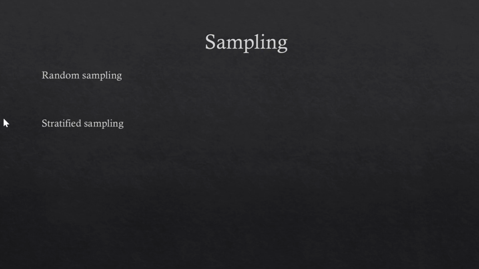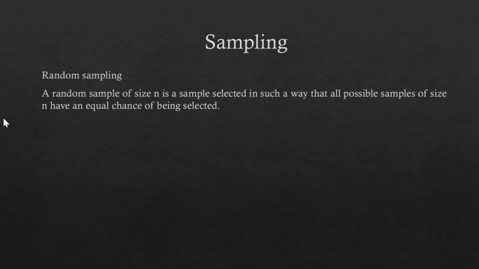Random sampling is essentially selecting a small group of people from a population in such a way that all possible variations of this group have an equal chance of being selected. For example, if you have a group of 10 people in your class and you select two people, the probability that these two people are selected should be the same as the probability that any other two people are selected from the rest of your group.